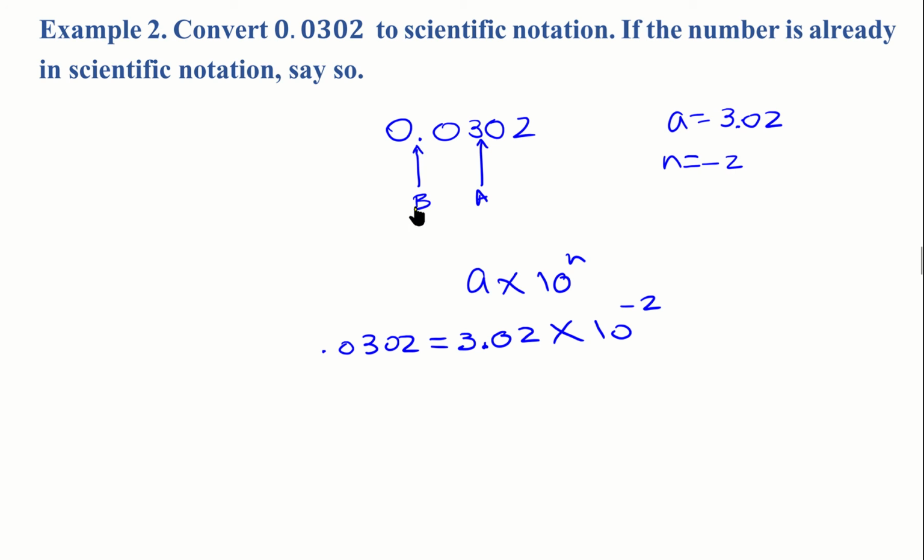So we'll call that B. B for what? Before any movement. Now count the number of digits you have to go to get from A to B. Notice that's going to be 1, 2 to the left. So we'll use a value of -2 for n, and we write our number. So we get 3.02 times 10 to the -2. All right.